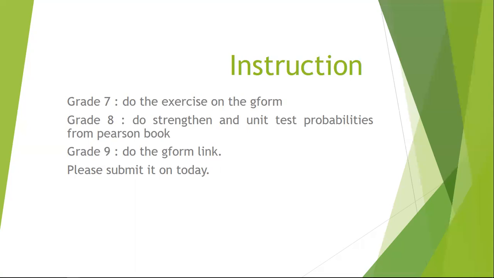I need you to do it during math hour. So submit it today. For the GFORM, you just need to write the final answer only, no need to write the process. But if your result is under the expectation, I need you to redo it with the process.